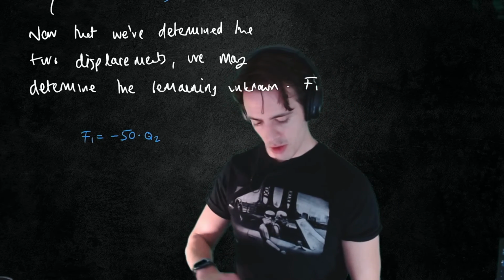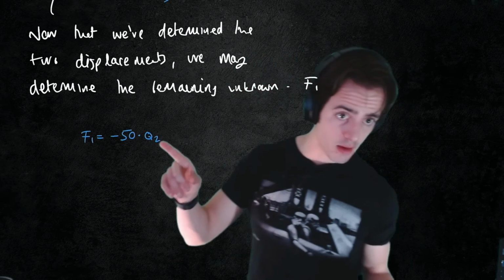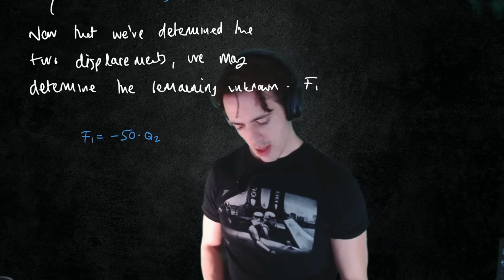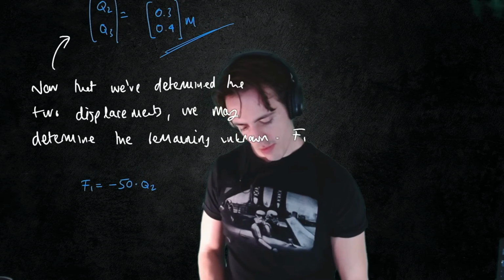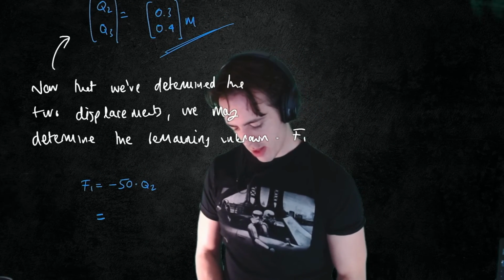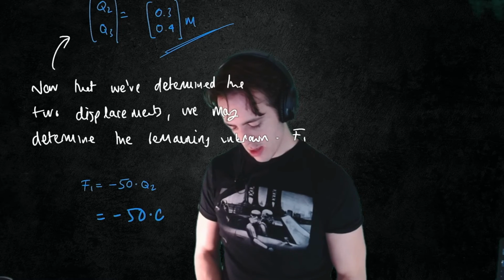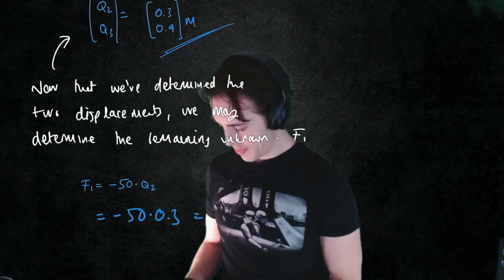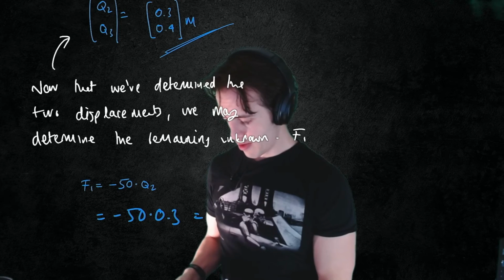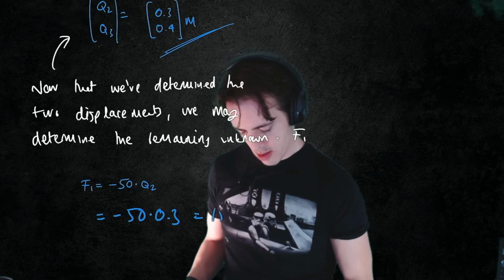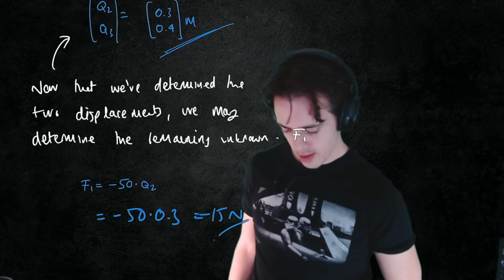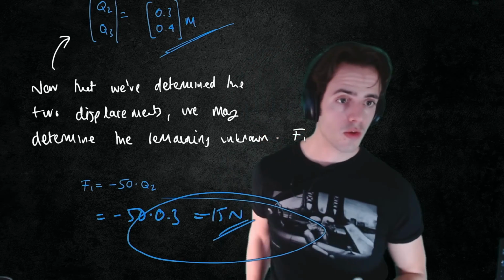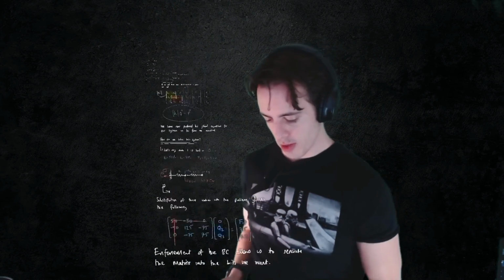That's the sort of stuff that you should be writing down when I say it. Okay, this is the remaining equation. We can get the unknown from this. Q2 is 0.3, so F1 is equal to minus 50 multiplied by 0.3, which I'm pretty sure is going to be 15, equals minus 15 newtons. And that's what we said we needed to produce.